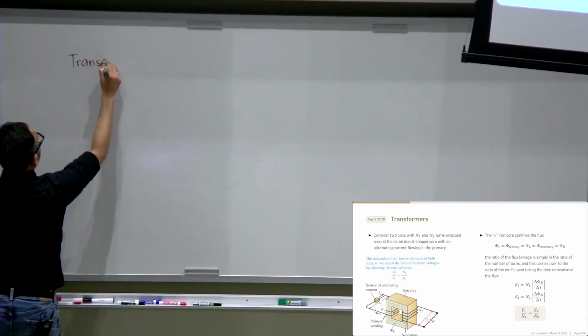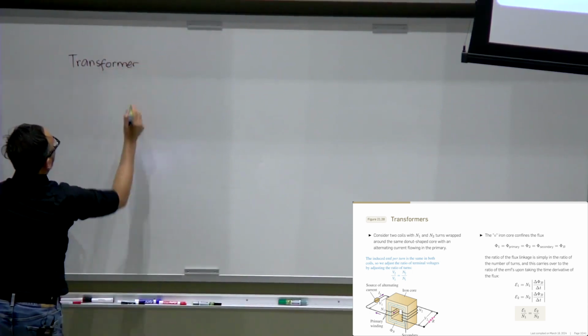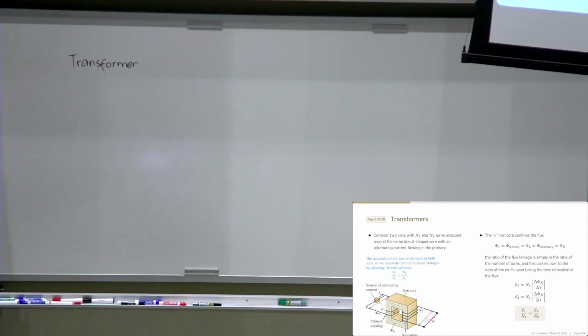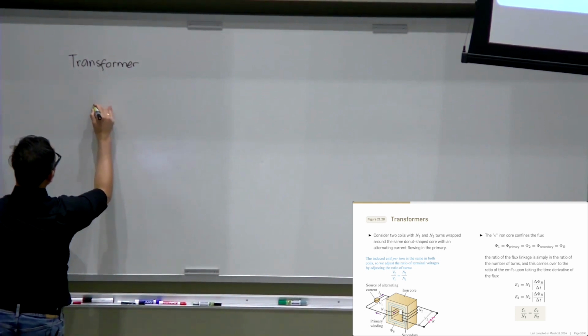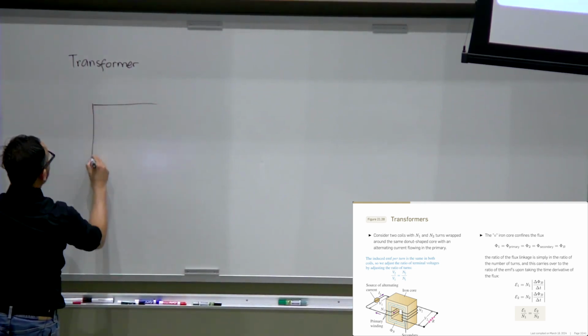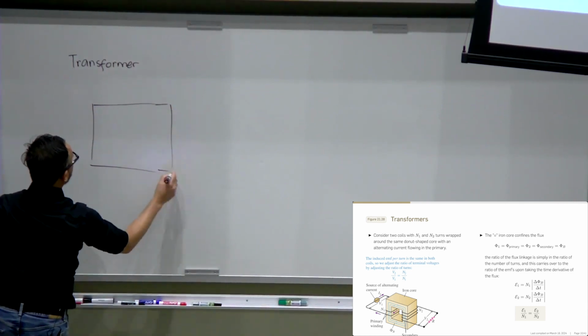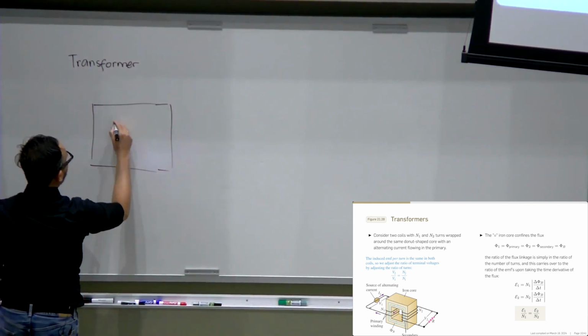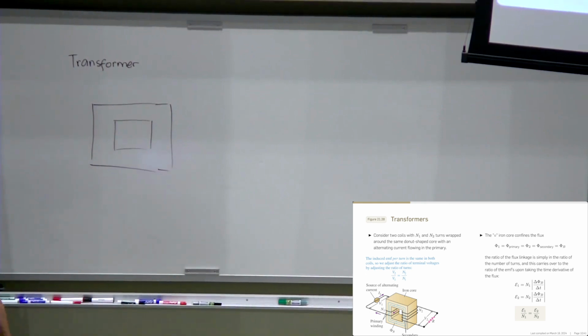Okay, so transformer, okay? This is transformer, like not the movie. This is a device. So basically, the trick with transformer is that it involves basically a closed shape of a metal.